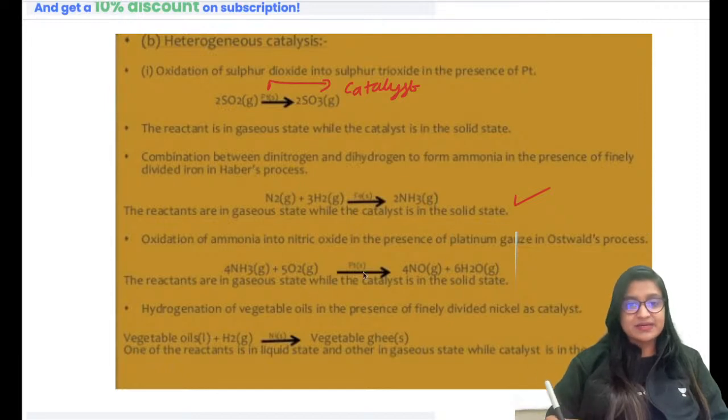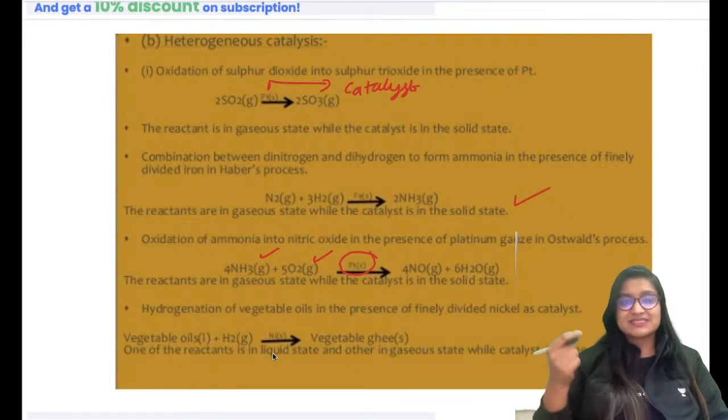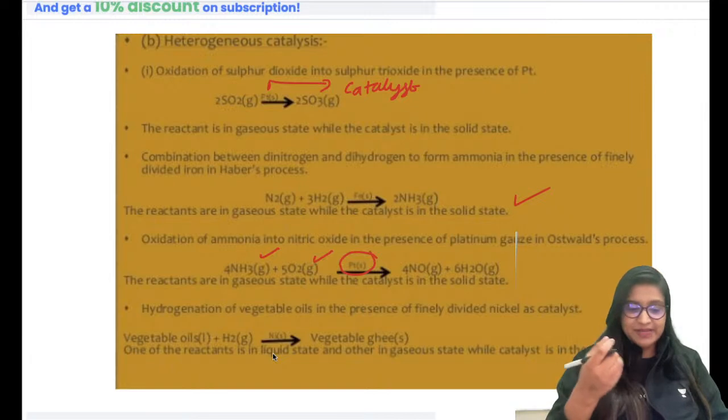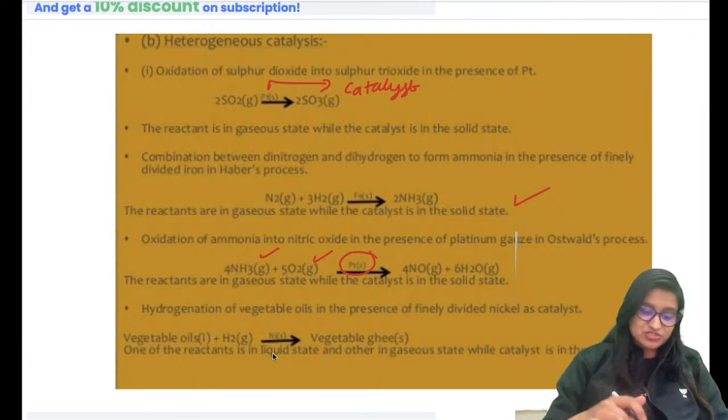So you can see here that all the reactants are in gaseous form, but platinum is present in solid. Platinum, nickel, iron, these are very good adsorbents. In some reactions they are very good adsorbents.